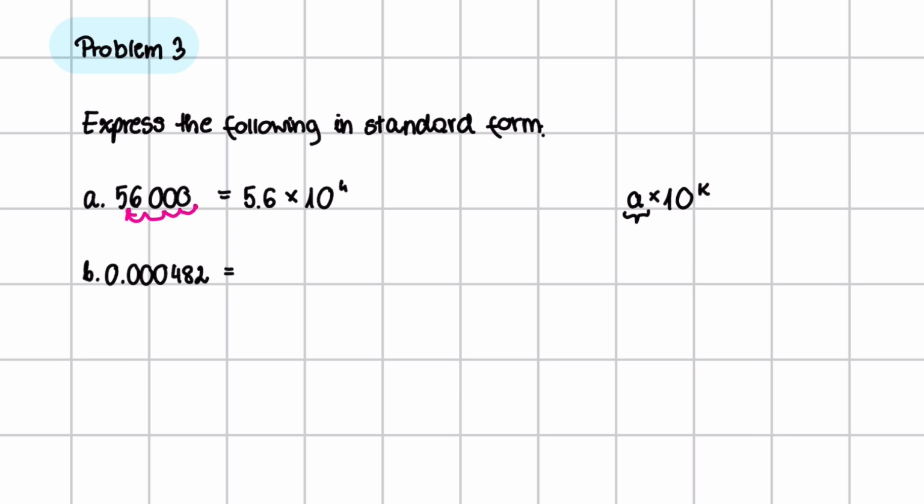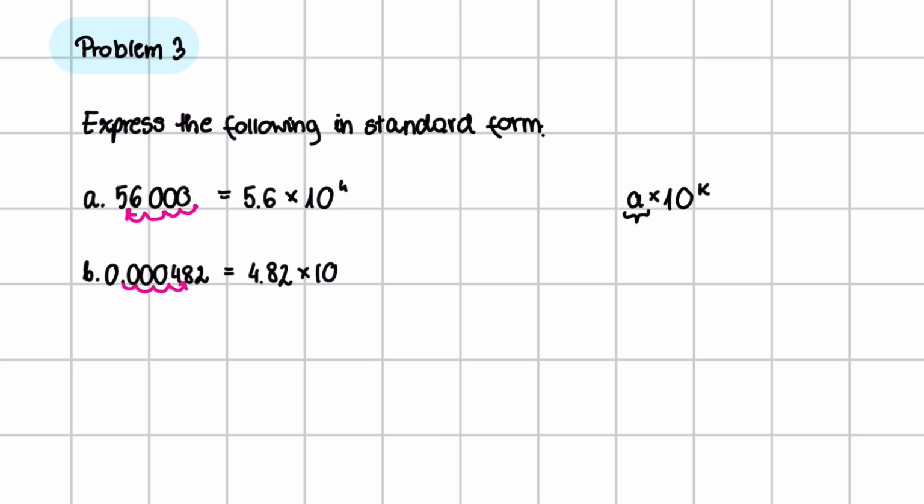In B we have a very small number, so the rule that A has to be between 1 and 10 also applies. So our A will be 4.2, 82 times 10, and now we move to the right. 1, 2, 3, 4. 4 times.